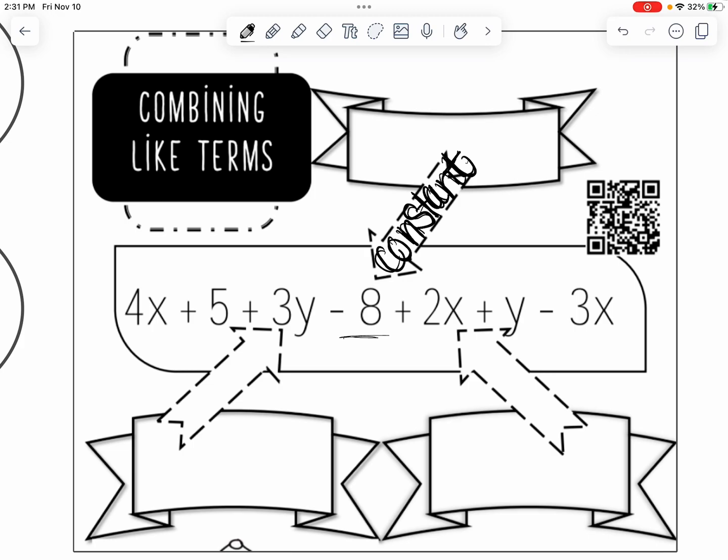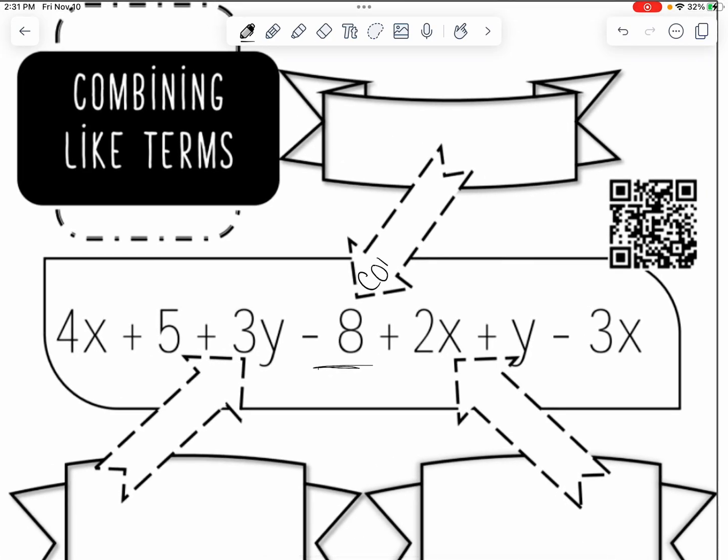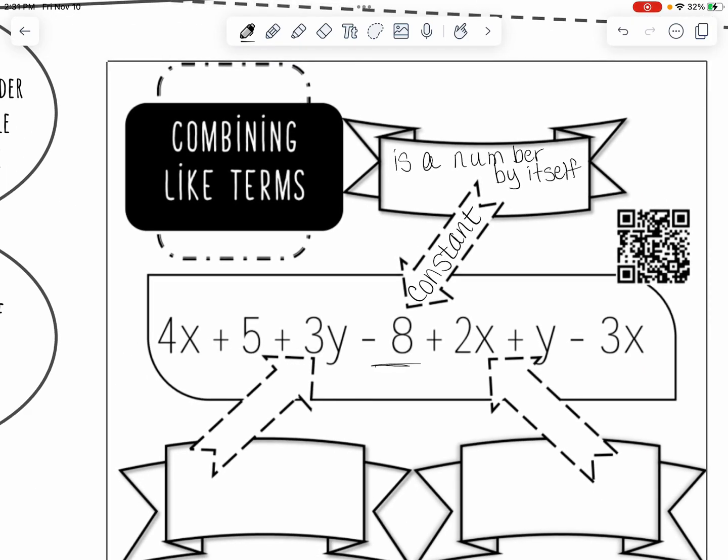A constant is a number by itself in an expression.